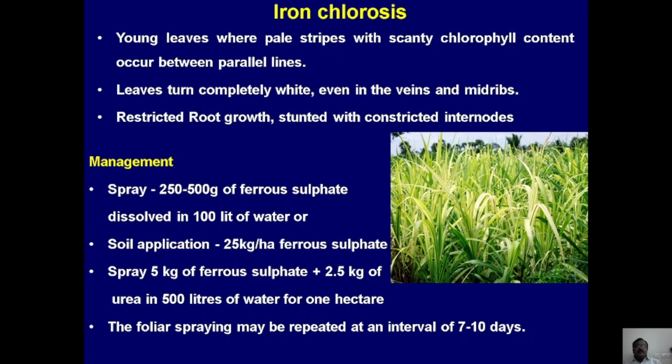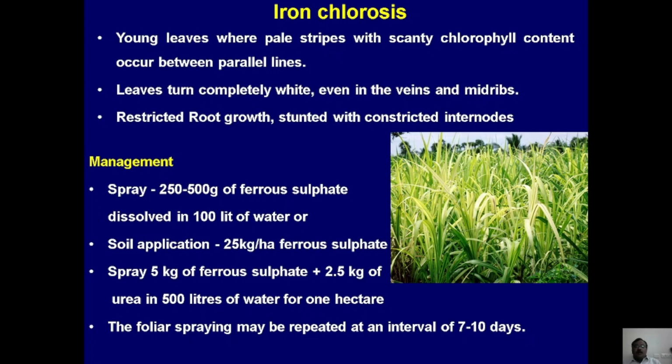The young leaves show pale stripes and scanty chlorophyll content that appear parallel to the lines, and these leaves completely turn white, including the veins, veinlets and midribs. The deficiency leads to restricted root growth, stunted growth, and constriction of internodes, which are the allied symptoms by which you recognize the iron deficiency.